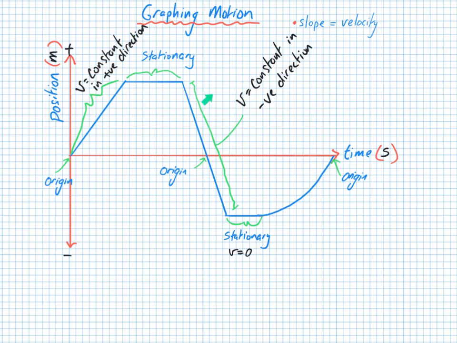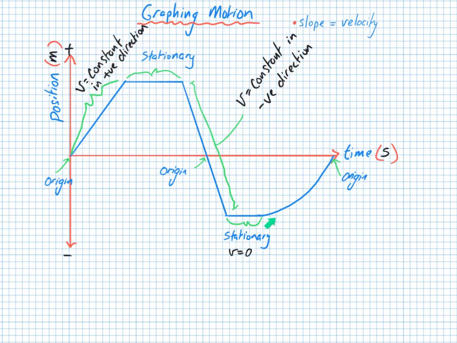So notice here there is no velocity change during this time. It's just that the object starts moving, say, to the left here, and then travels back through the origin, continues travelling left onto the other side.